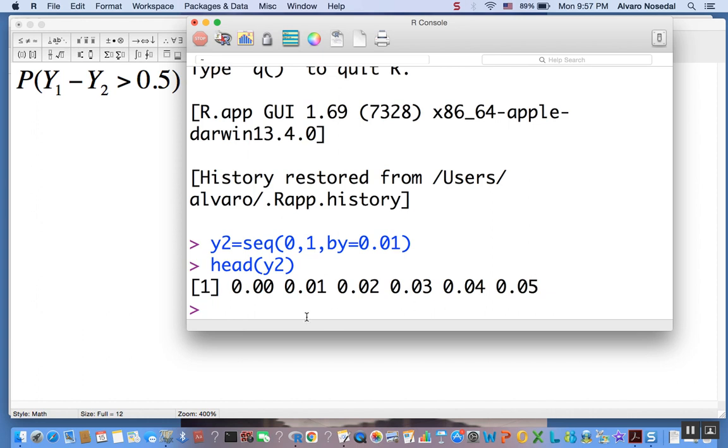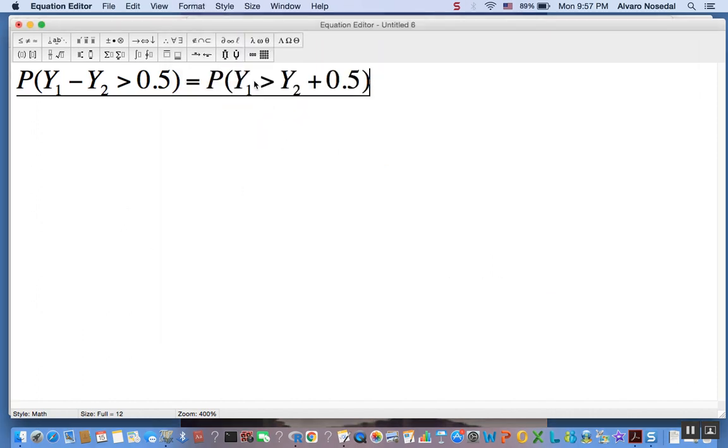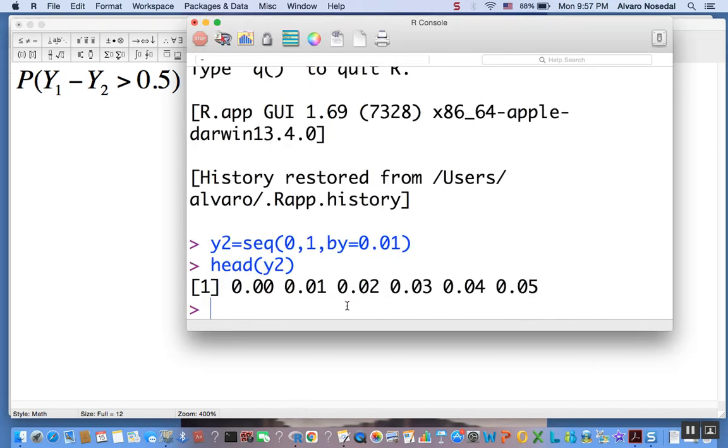But now, instead of an inequality, let me create the equality case here, y1 equals y2 plus 0.5. That's just a line, right? Let me use y1 for the vertical axis and y2 for the horizontal axis. Then what we have is just a line with slope 1 and y-intercept 0.5, right? So now we have an idea of what we want.